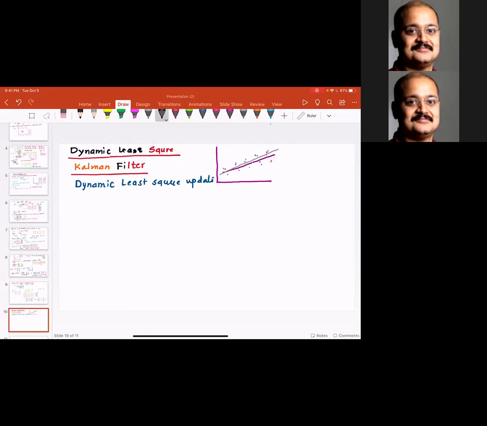So let me write this down in terms of what we learned so far. So you have A, then you have X old, and then you want to find out X new. And then you have some additional information which gives you the difference between the previous position and the new position, that I will just write down.